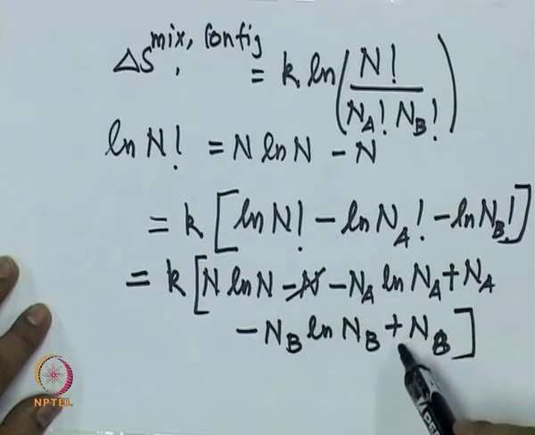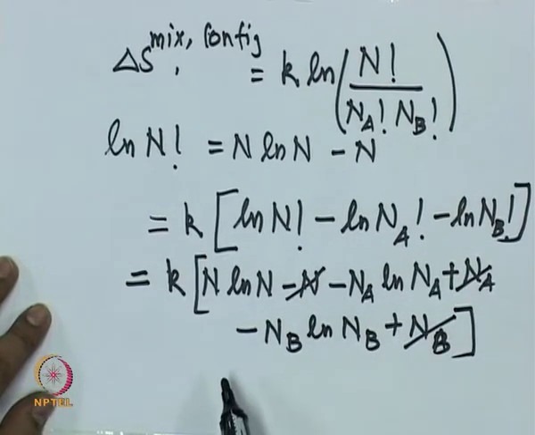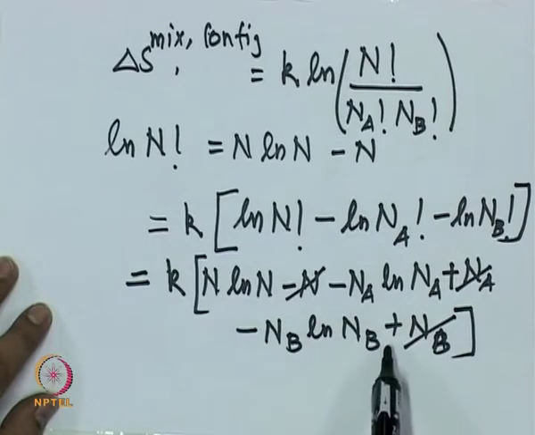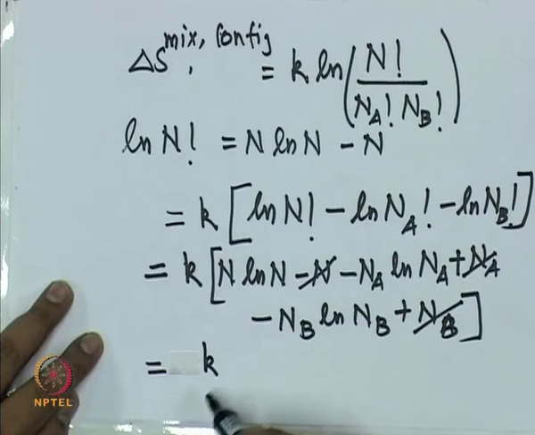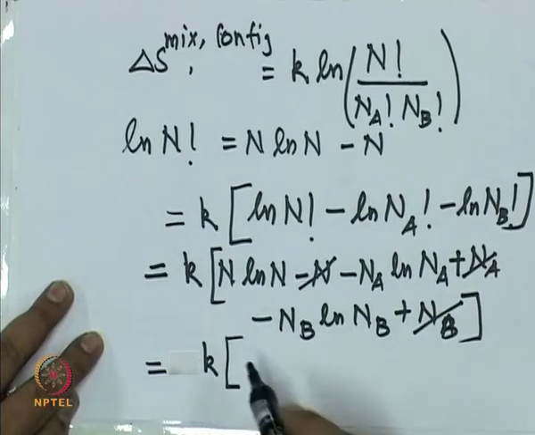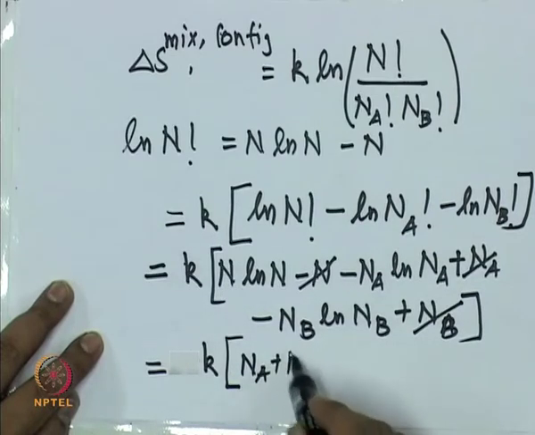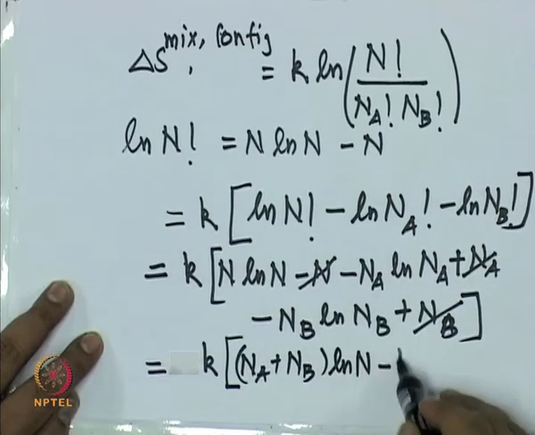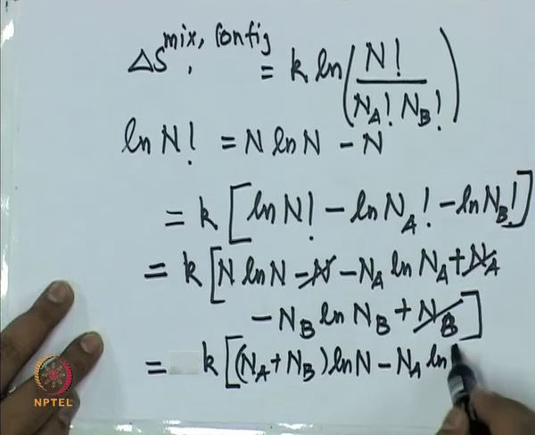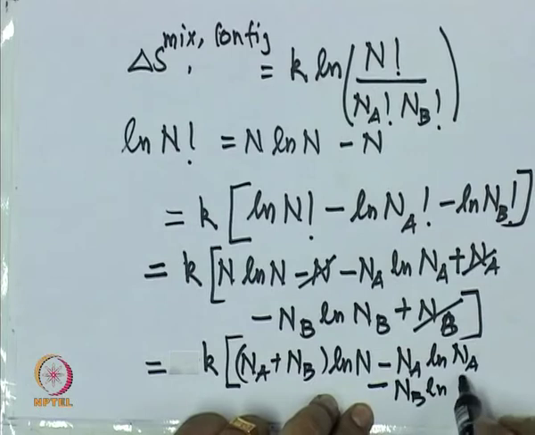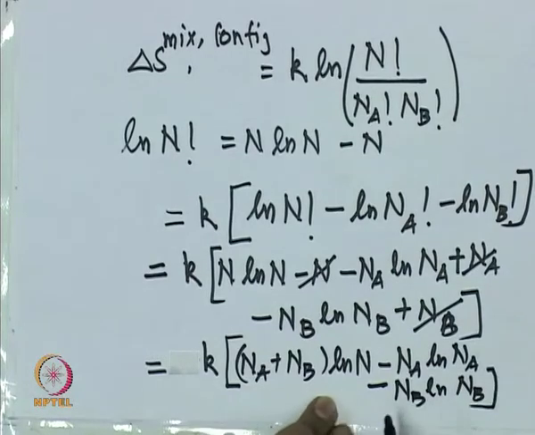So, the minus n, Na, Nb terms will go away. So, we are left with n log n minus Na log Na minus Nb log Nb. And let me write that n as Na plus Nb, log n, minus Na log Na minus Nb log Nb. This is what we have.